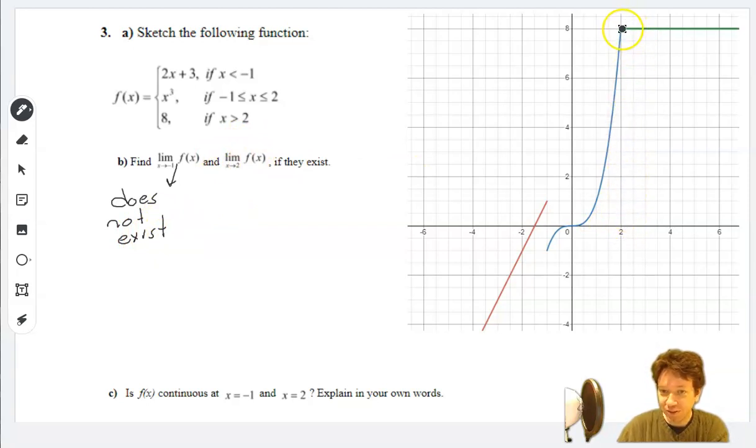Well, as we approach 2, it looks like they're the same. And it certainly is, because one of them is less than or equal to 2. Even if it wasn't equal, that just means the function doesn't exist there, but the limit still does, because they approach the same value. So this one does exist, and it equals 8.